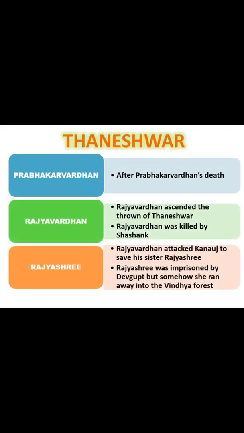After the death of his father, Prabhakarvardhan, Harshvardhan's elder brother Rajyavardhan ascended the throne of Thaneshwar. However, Rajyavardhan was killed by the king of Gauda, Shashank. Their sister Rajyashri was imprisoned, but somehow she escaped from the clutches of Devgupta and ran away into the Vindhya forest.